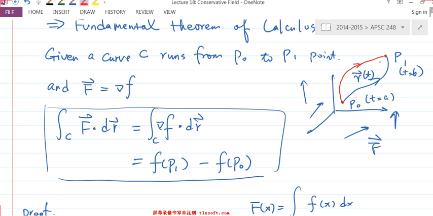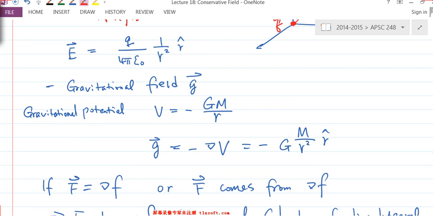So that is what we call path independence. Just like the gravitational field, right? Where does the gravitational field come from? It comes from a scalar function by applying the del operation. So the gravitational field satisfies this condition. So in a gravitational field, when you move from A to B, it doesn't matter how you move.